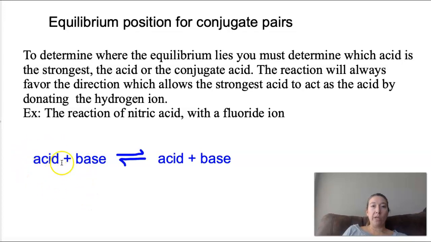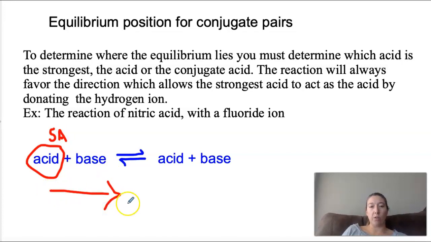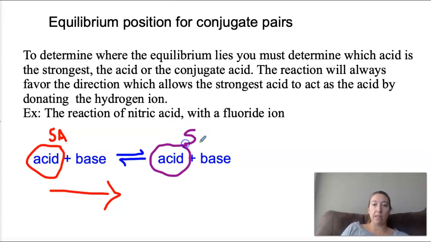If I'm choosing this one as the stronger acid, so I'm just going to write SA for stronger acid, then it's going to shift this way. Well, I shouldn't say shift, that's not the right word. The equilibrium position will lie towards the right because this is the stronger acid and it wants to behave as the acid. If, on the other hand, I find that this one is actually the stronger acid, then it wants to behave as the acid, and the equilibrium position is going to lie towards the left.